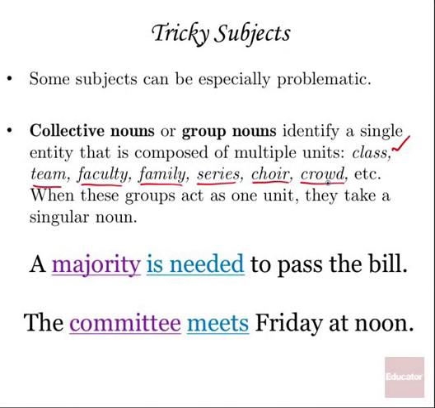When these groups act as one unit, they take a singular verb. So we say a majority is needed to pass the bill. Majority is made up of, in this case, a number of lawmakers, individuals, but they're acting as a group, a majority. So a majority is needed. The committee, a group of people acting as one, probably, meets Friday at noon.